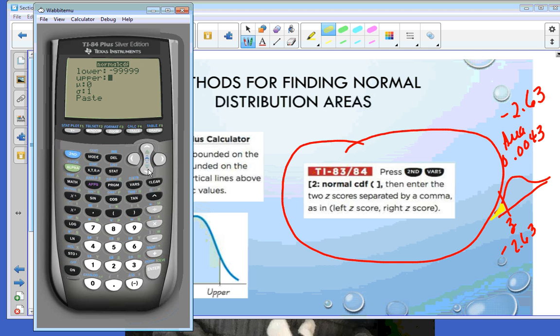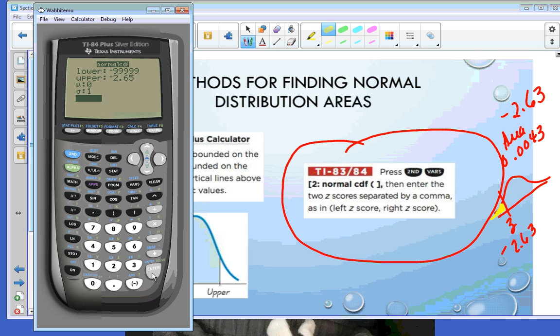Then I'm going to cursor down. Those of you with the other software are going to put a comma, and on the upper I'm going to type in negative 2.63. I'm going to cursor down. Those of you on the other screen are going to type a parenthesis to close.